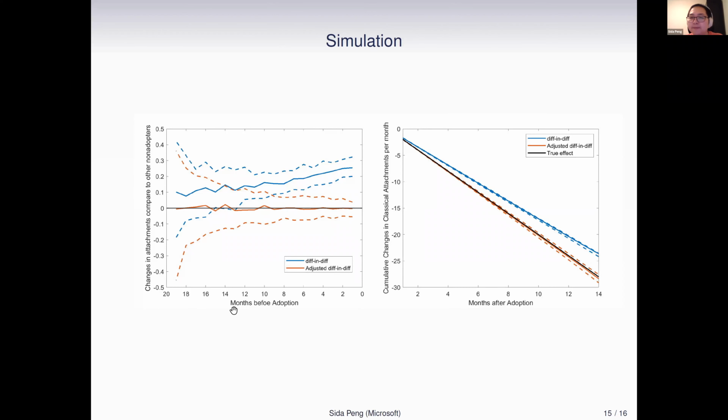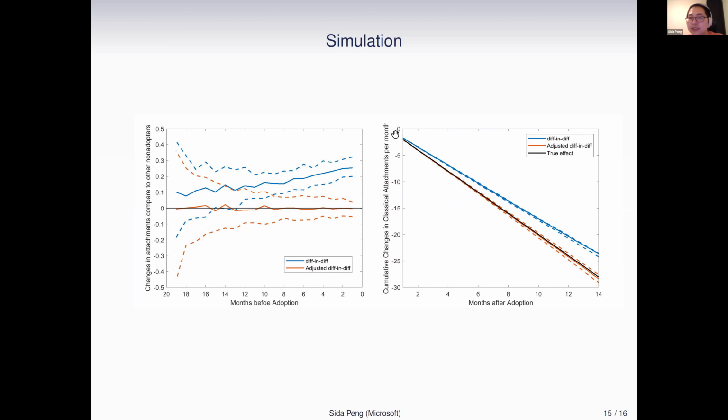On the right-hand side is the effect of exposure. One should read this graph as the effect of exposure 1 month after you adopt, 2 months after, and 3 months and 4 months after you adopt. Since this is cumulative, the magnitude is different from the one on the left.